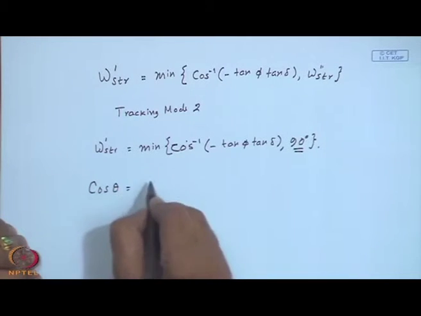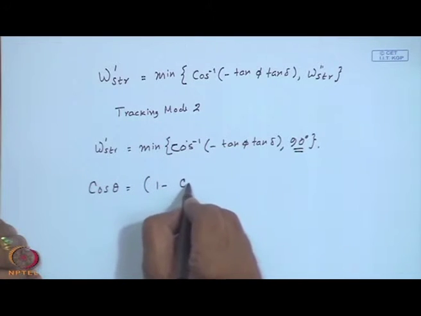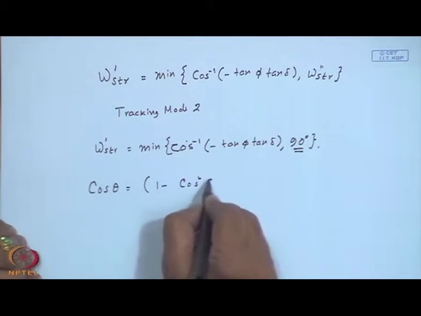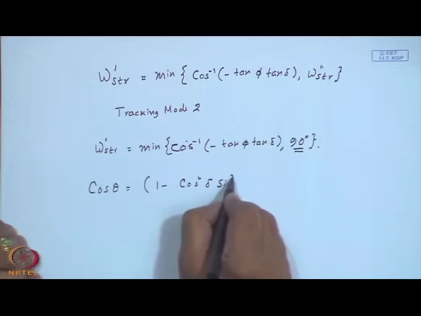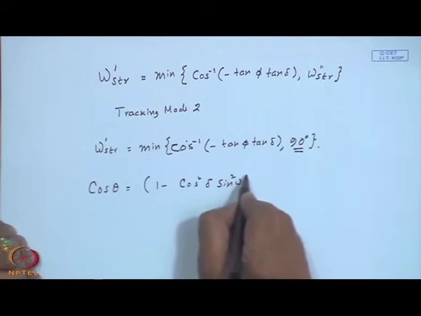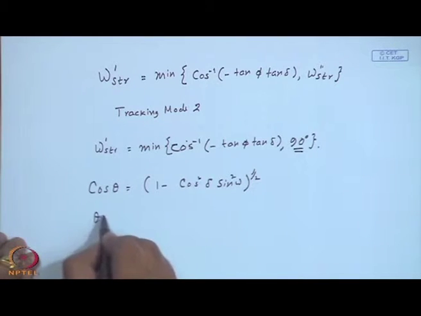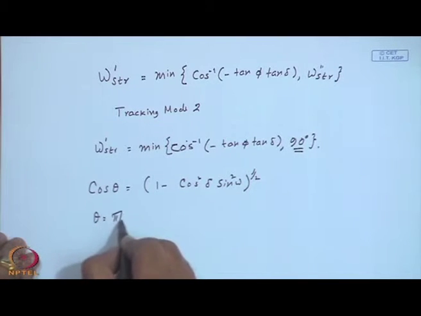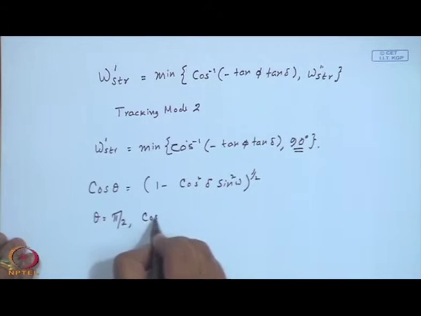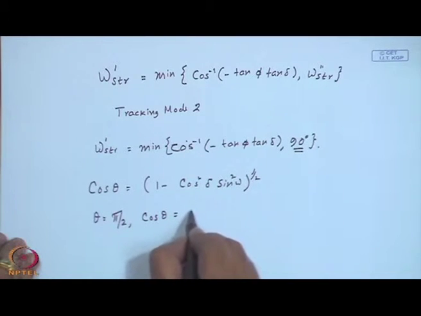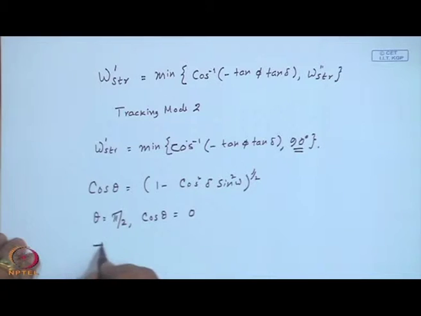Cos theta is 1 minus cos squared delta sin squared omega to the power 1 half. So, if you put theta equal to pi by 2 and cos theta hence equal to 0, solve for omega S Tr double prime.